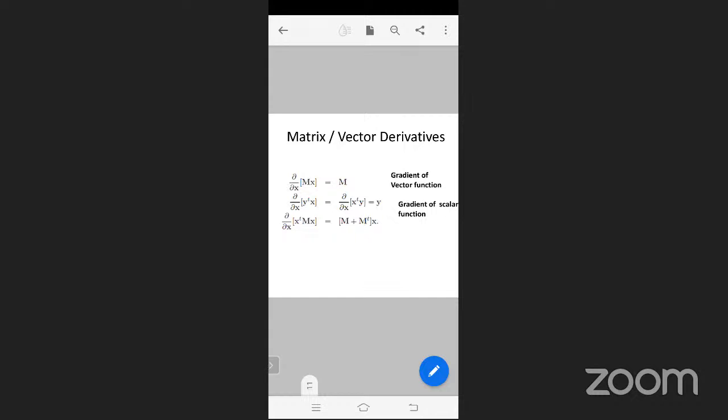So you take concepts of vector derivatives in order to solve your problem. That is why the gradient and everything are very important.